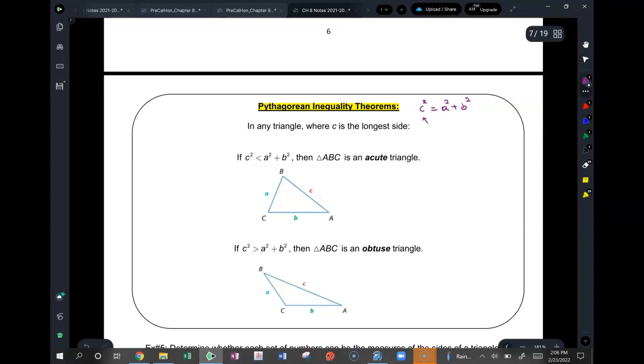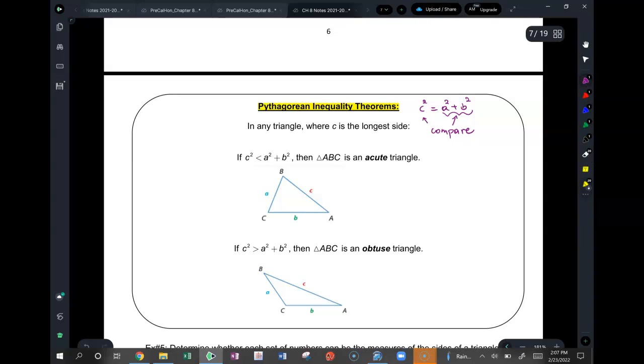What we want to do is compare the c squared to the a squared plus b squared. The one thing that students always forget, and this is the only place where the mistakes come in, is they forget to write it as c squared first. Because we're so used to seeing it as a squared plus b squared equals c squared. For this one, you have to write it as c squared first.